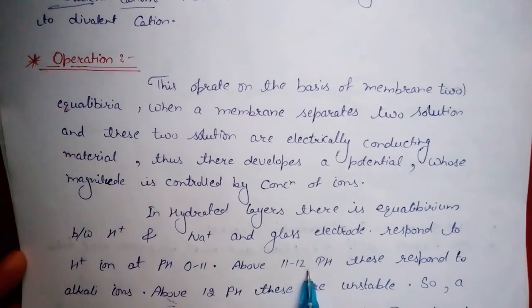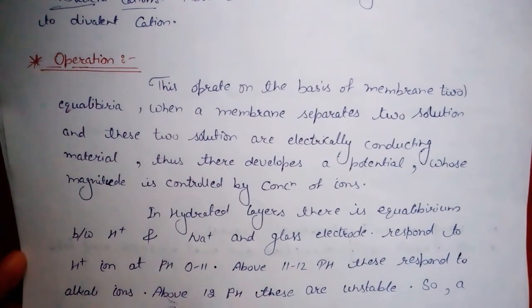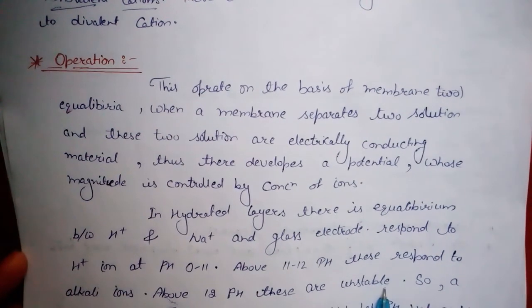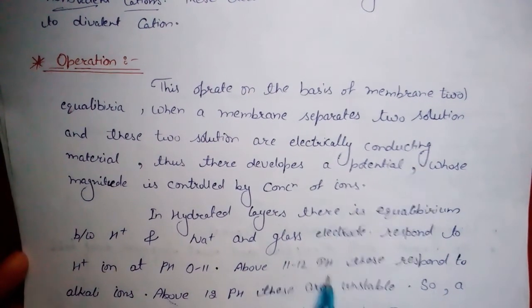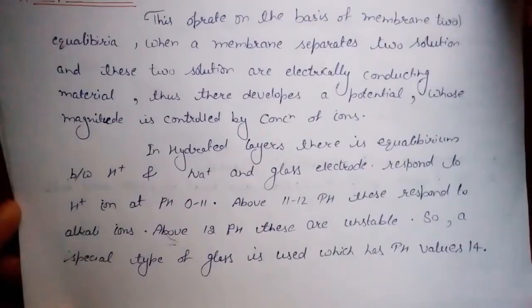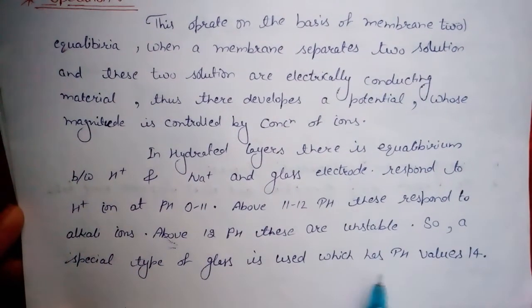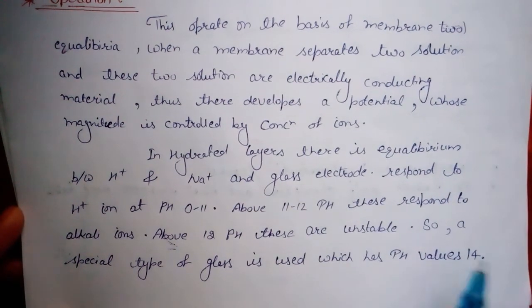Above 11 to 12 pH, these respond to alkali ions. And above 12 pH, these are unstable. So, these are only responsive up to 11 pH, right? So, a special type of glass is used which has pH value 14. It means properly 14 should be fixed, right?